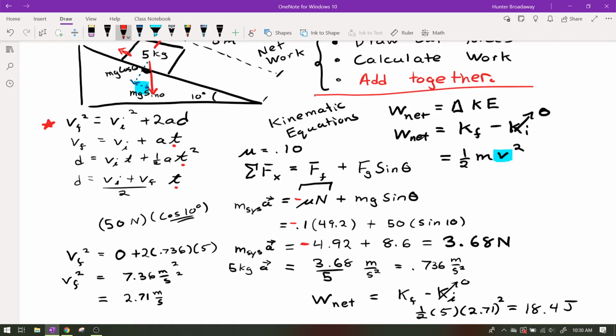Your final velocity will be the same, but it honestly won't make a difference in the amount of work being done. Even though the acceleration changes, when we look down here, vf squared equals vi squared plus 2ad.